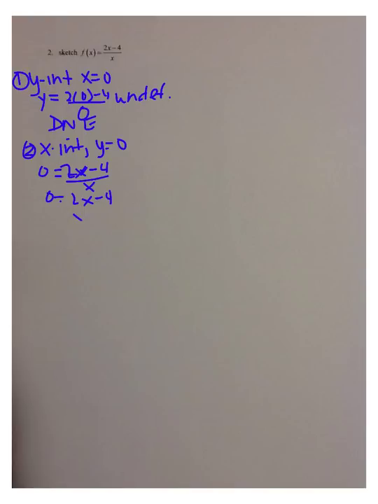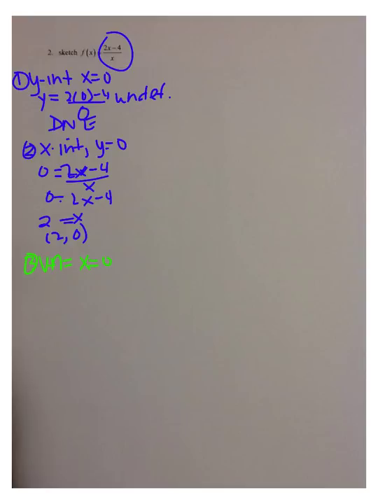I get 2. So I have 2, 0. All right, now I need my vertical asymptote, and nothing's going to reduce here, so there's not going to be any holes. All right, so my vertical asymptote is when the denominator is equal to 0, so that's x equals 0, done.